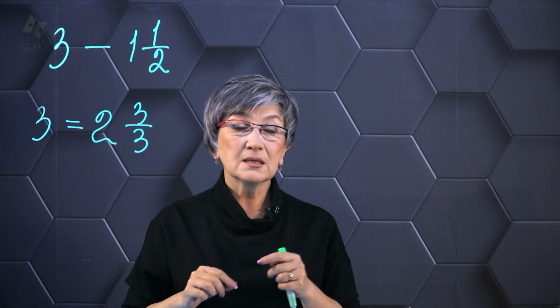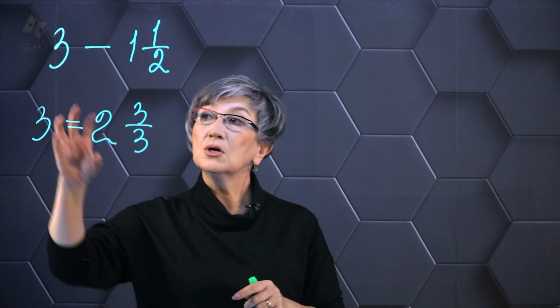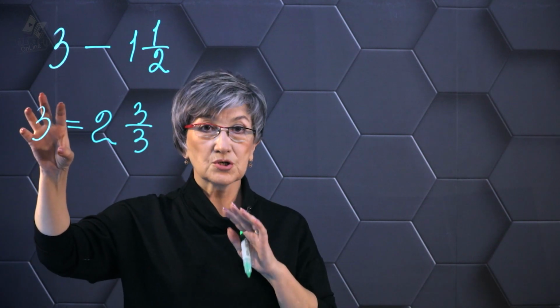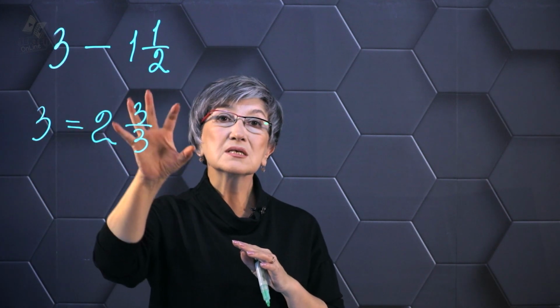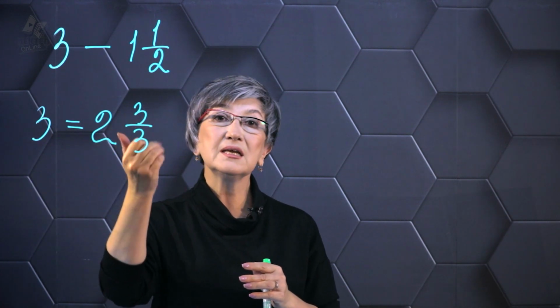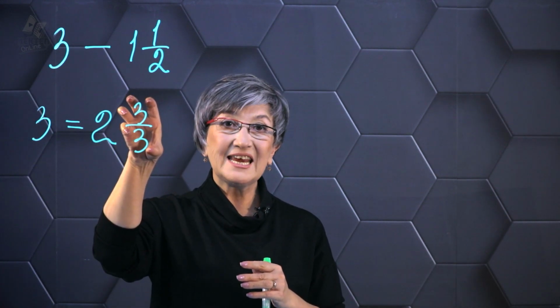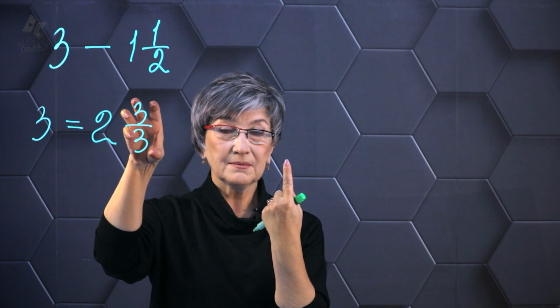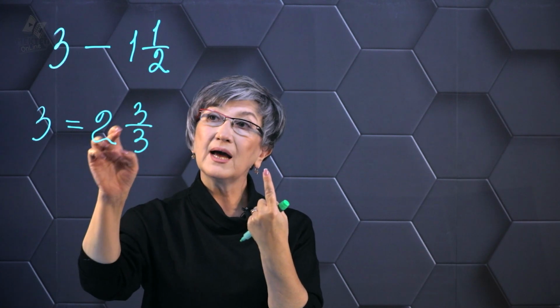I have repeatedly drawn your attention to the fact that we can write any number as a mixed number. For example, we wrote 3 as 2 whole and 3/3. 3/3 is 1, right? 2 and 1 would be 3.